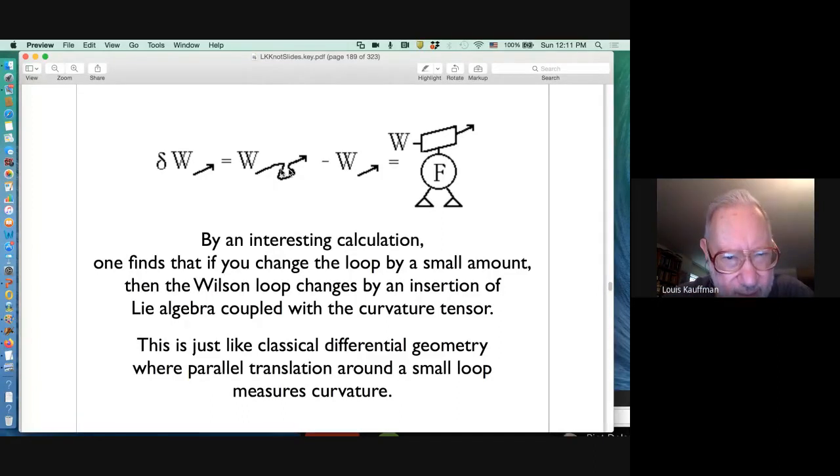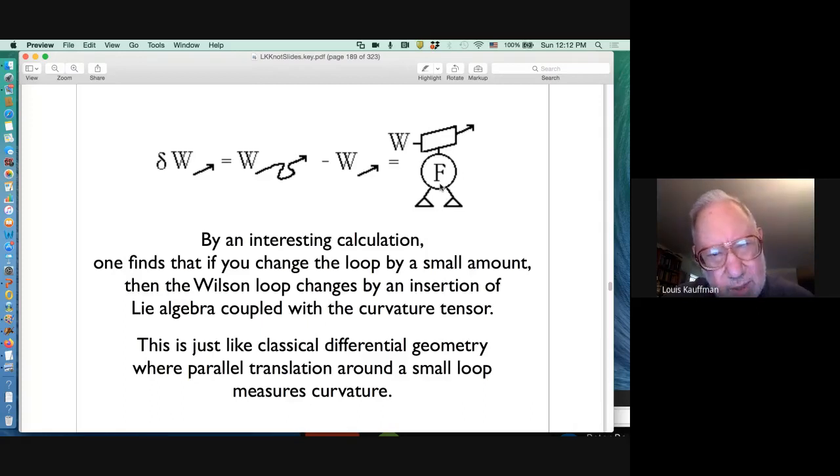If we go around an infinitesimal rectangle or an infinitesimal loop, then we pick up the curvature times dx, times a little bit of area form. And then it's tied in with the Lie algebra, of course, which I left under the hood when I did that calculation before. So the Lie algebra matrix gets inserted into the line, insertion again, and then tied into the curvature like that.